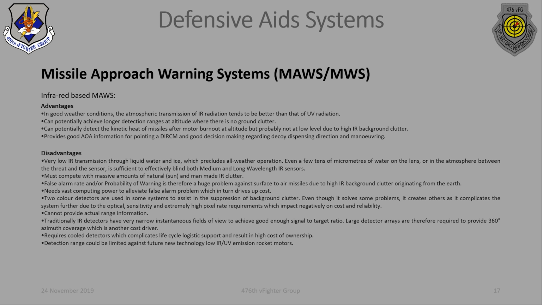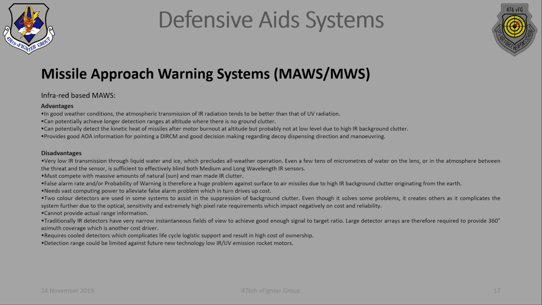It can achieve longer detection ranges if there's no ground clutter and limited moisture in the air, low humidity. If you've got bright sunlight, etc., that can cause false alarms. However, there are ways to filter that out.